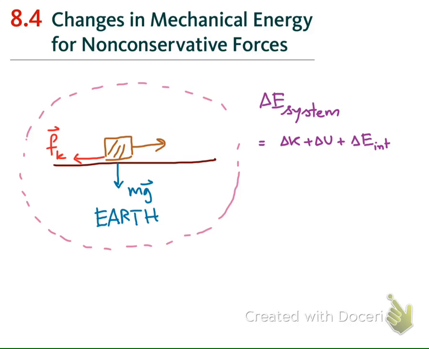Okay, because now we include the earth in our system. If we assume further that there is no other force exerted from the environment, it means that we only have the kinetic friction and the gravitational force from the earth.